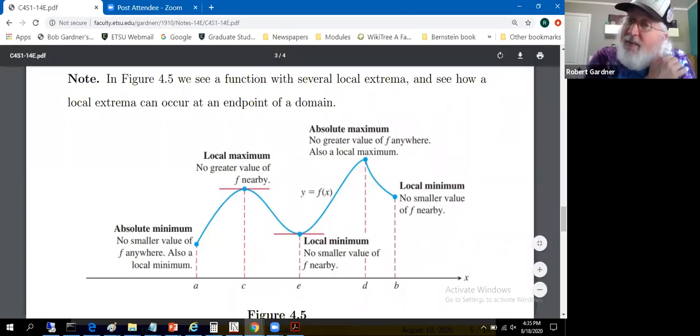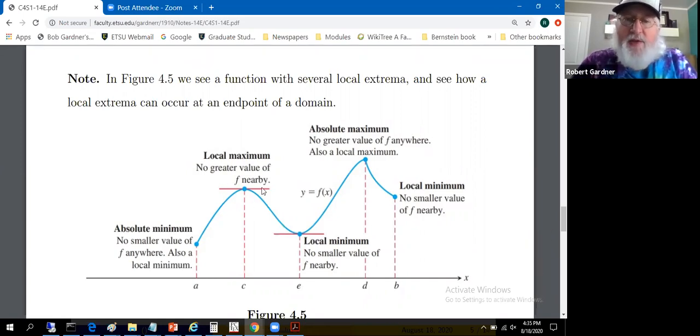And notice what happens, they're really foreshadowing this. The derivative is 0 at these two because it's got horizontal tangent lines because the function went up and it leveled off and then it went back down.